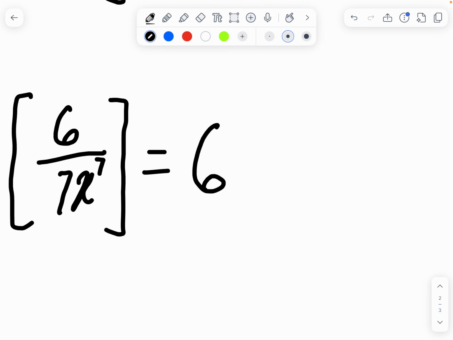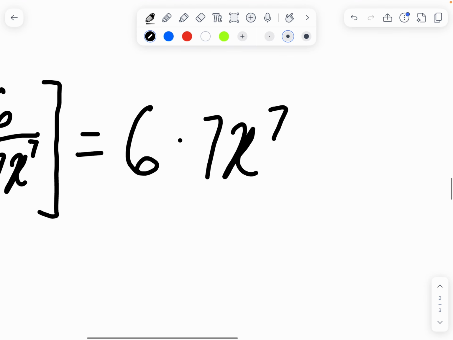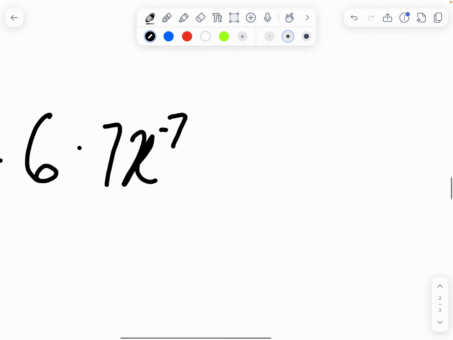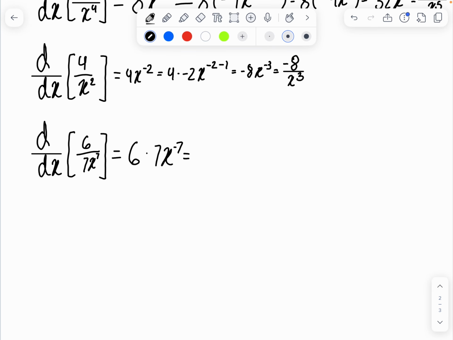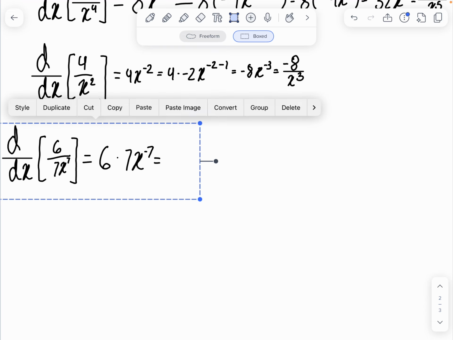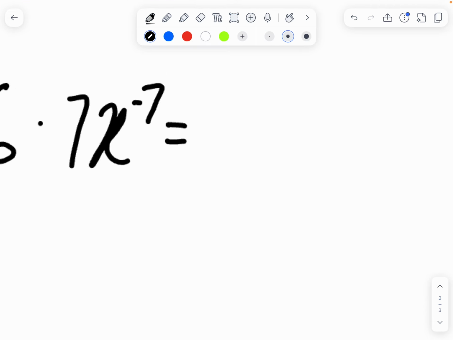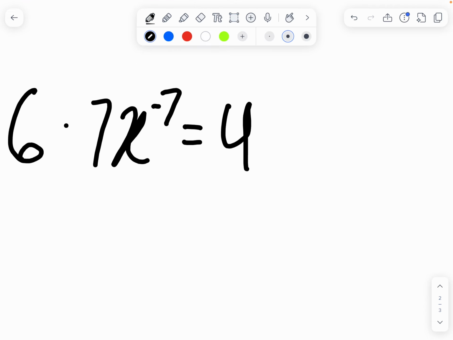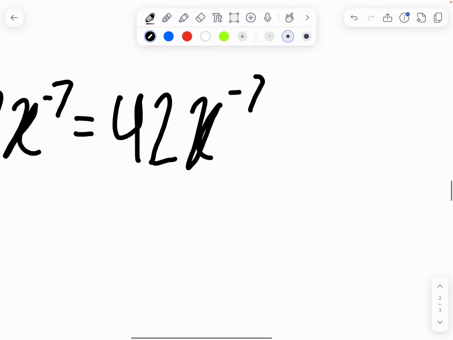Okay, 6 multiplied by 7x to the power of negative 7. This turns into, geez, we're going to need a lot of space. So 6 times 7 is 42, x to the power of negative 7.